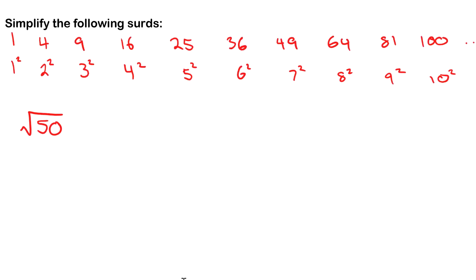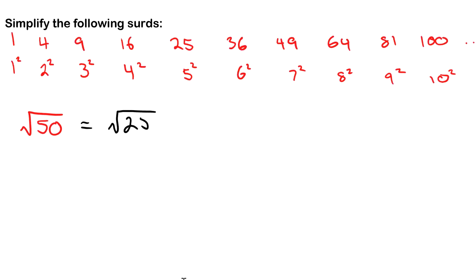Alright, now we're going to get into the somewhat more tricky aspect, which is simplifying surds. So again, like I said, I like to have my 2 rows at the top of my page, and now I have root 50 and I need to simplify this down. So the first thing I ask is, which of those top row numbers can I equally put into 50? Now, I know it's 25, so I write that down first.